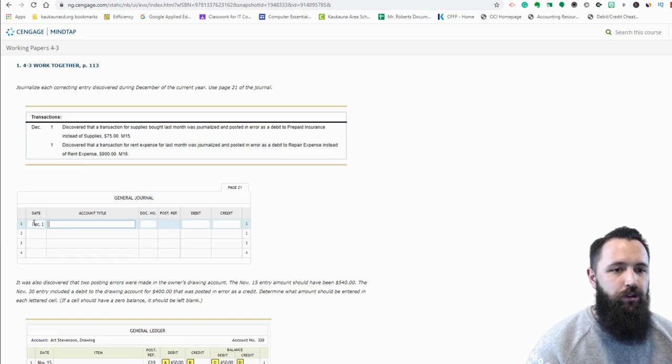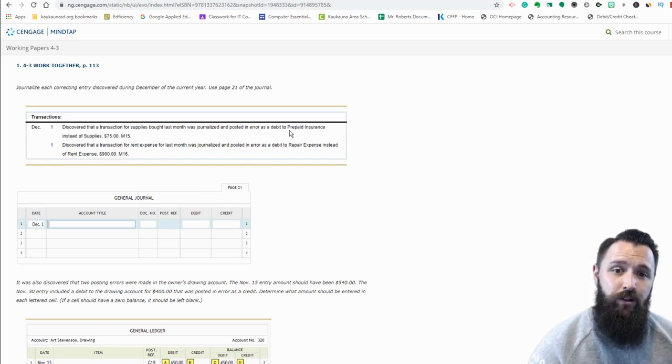It says discover that a transaction for supplies bought last month was journalized and posted in error as a debit to prepaid insurance instead of supplies. So I look at this and I go, okay, prepaid insurance and supplies, those are both assets. Transaction for supplies bought last month was journalized and posted in error as a debit to prepaid insurance. So prepaid insurance was debited.